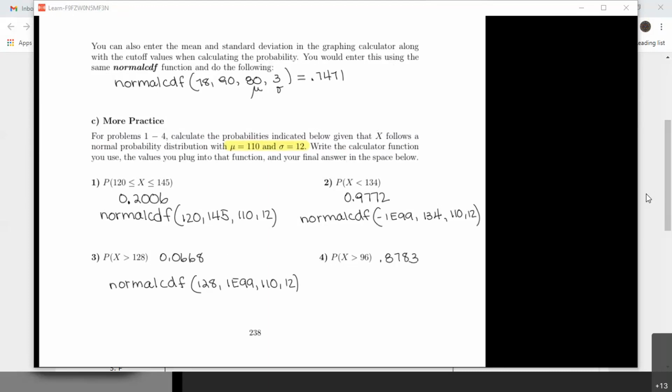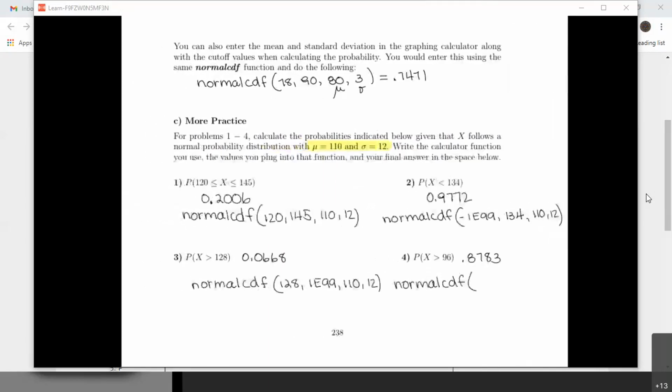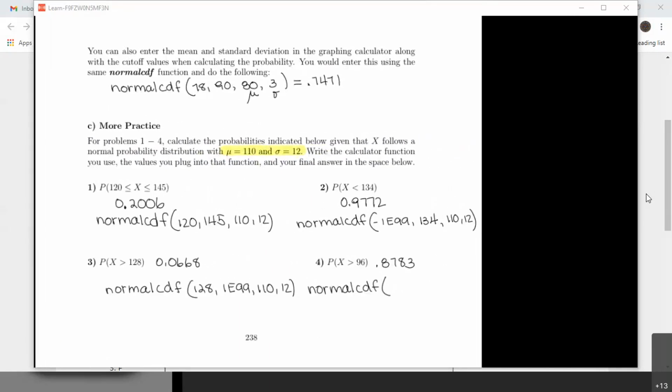That's a good one. And again, here 96 is our lower bound. So again, we have 96, our faked positive infinity, the mean, and the standard deviation.